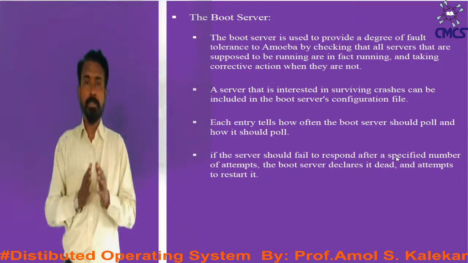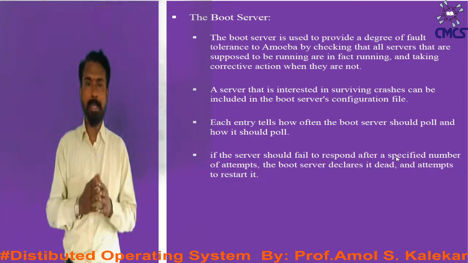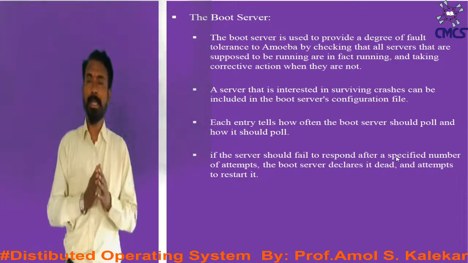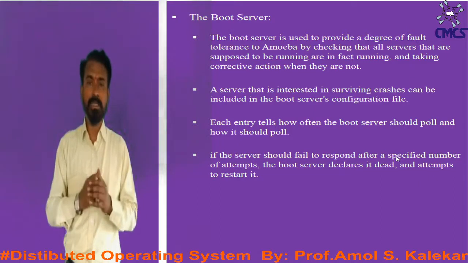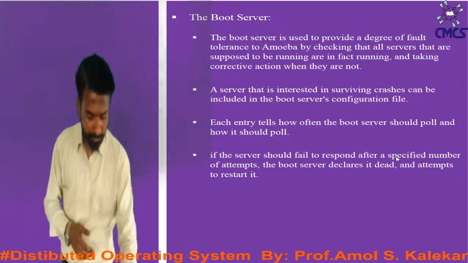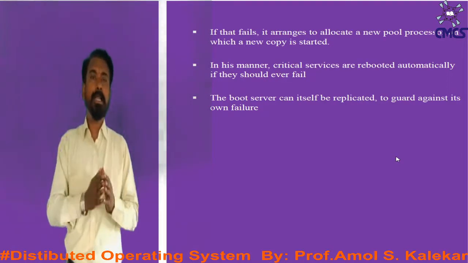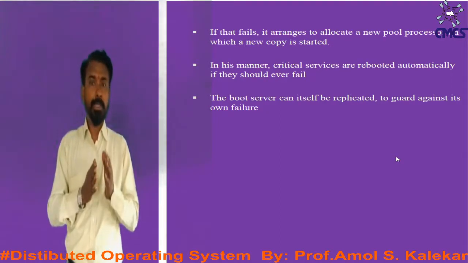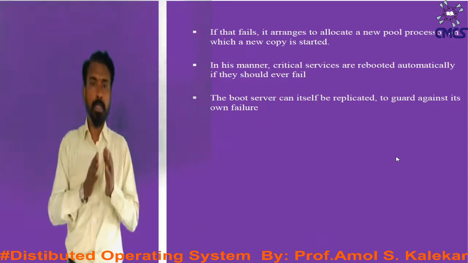If the server fails to respond after a specified number of attempts, the boot server declares it dead and attempts to restart it. If that again fails, it arranges to allocate a new pool process on which a new copy is started.